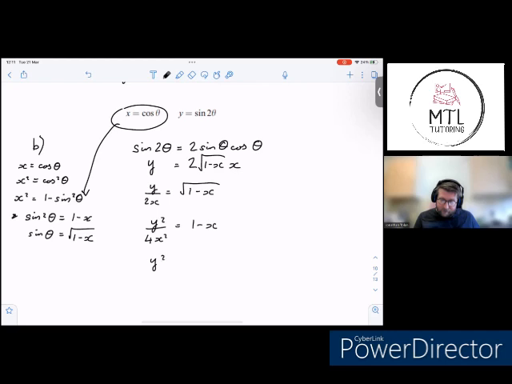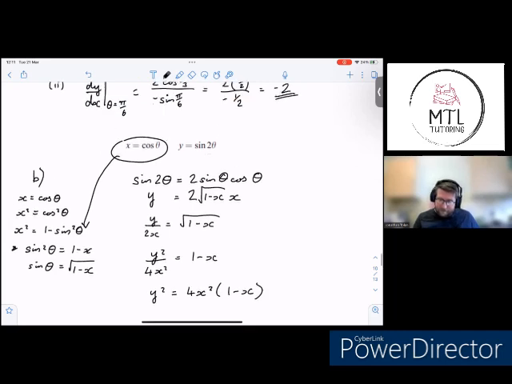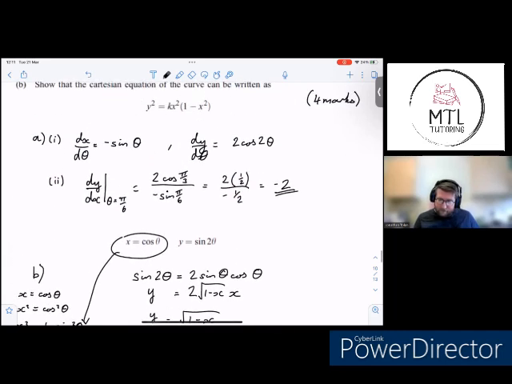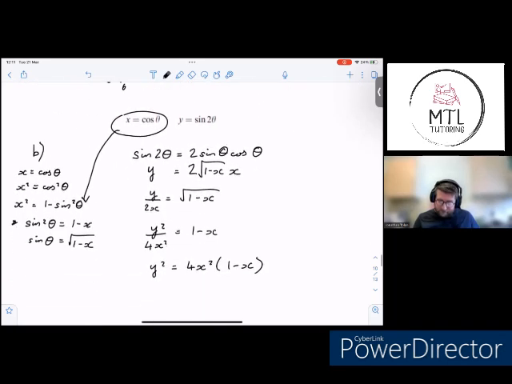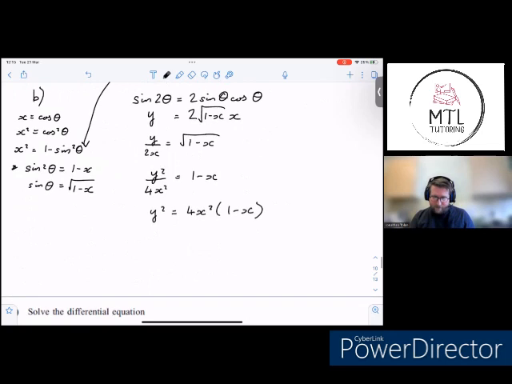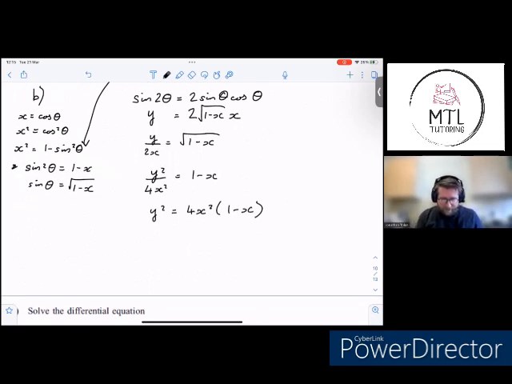So y squared equals 4x squared times 1 minus x squared. Is that in the form they want? y squared equals kx squared times 1 minus x squared. And, oh, I can see, yeah, I've made a minor mistake here. I've just lost this squared here.